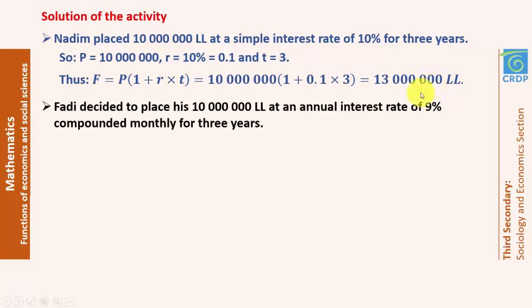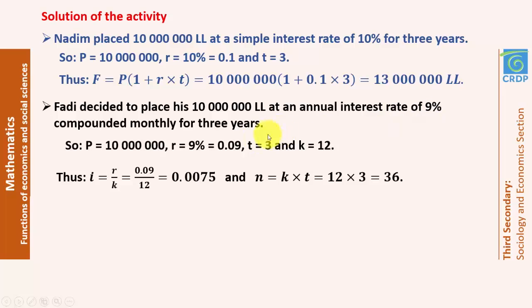What about Fadi? Fadi placed it at a compound interest of 9% compounded monthly for 3 years. The principal value is 10 million, R is 9%, which is 0.09, T is 3, which is the number of years, and K is 12 because it is compounded monthly.